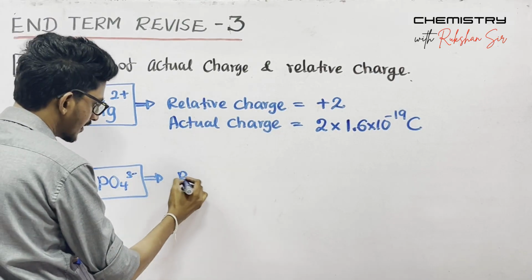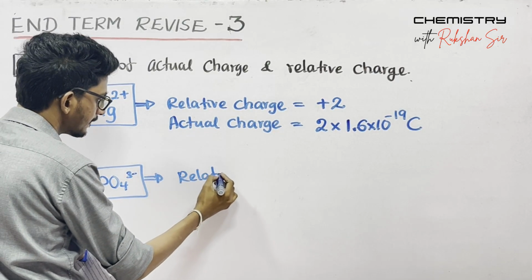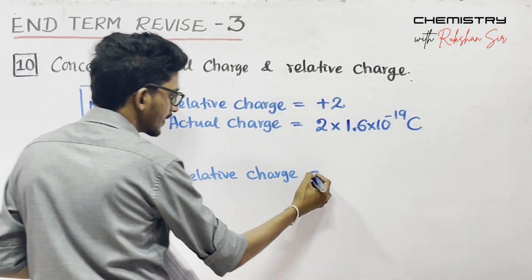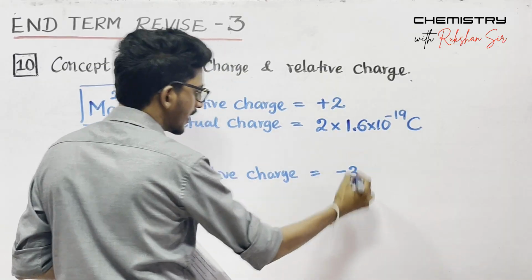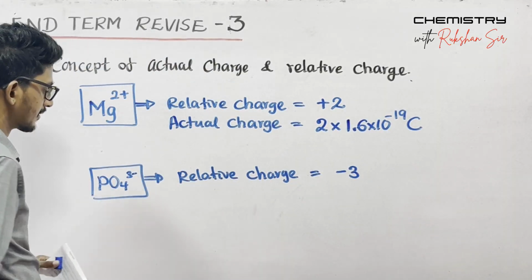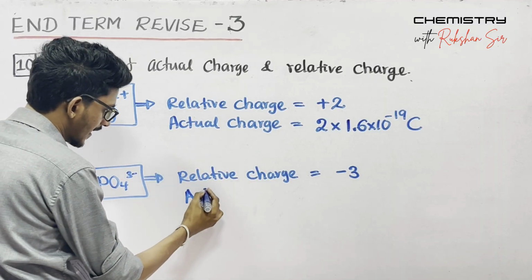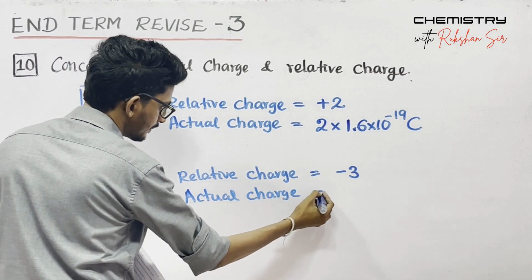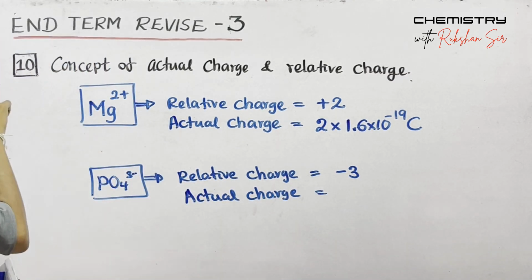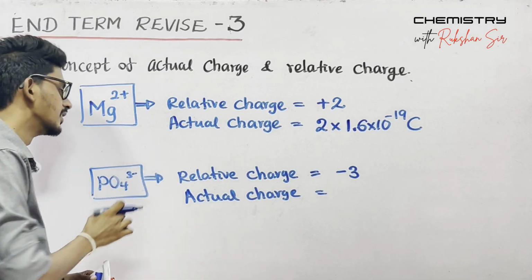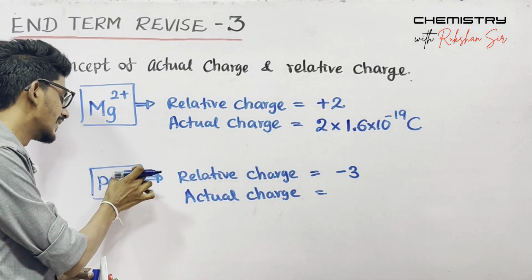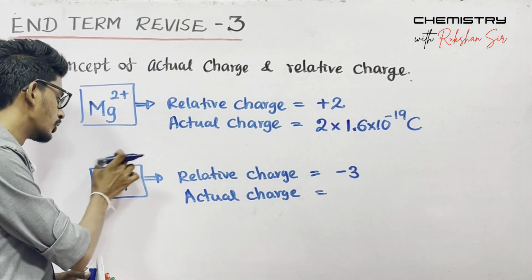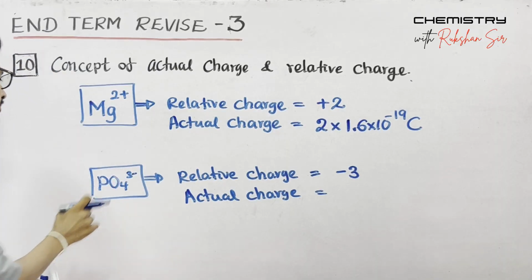So its relative charge is minus 3, PO4 3 minus. Then the actual charge: this 3 minus appears because now you have 3 more electrons compared to the protons in this chemical species.